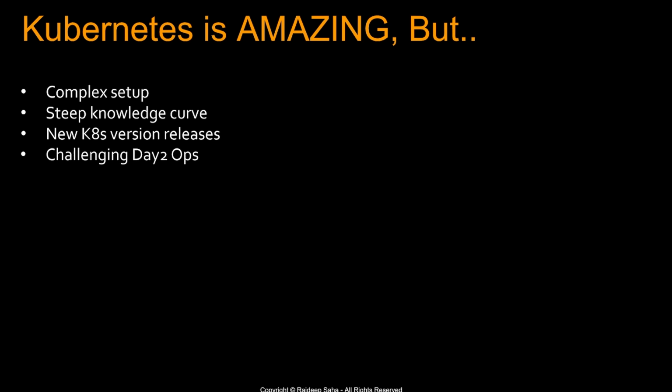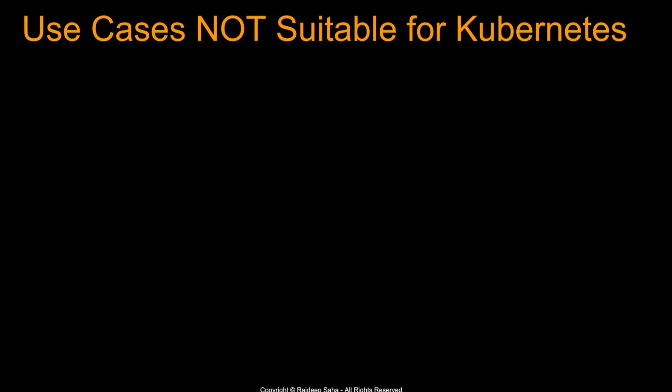It has challenging day-to-day operations, an always evolving landscape, and it could be expensive if you don't know how to optimize it. So some use cases which are not suitable for Kubernetes are, let's say, batch processes. You can utilize Lambda, with cron expression, AWS Batch, etc.